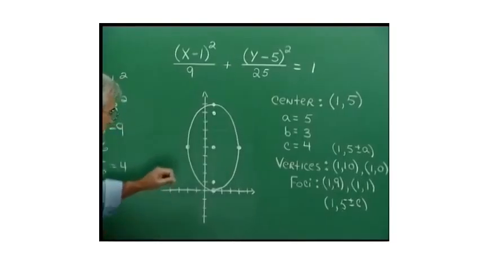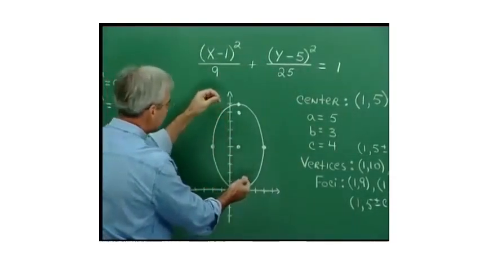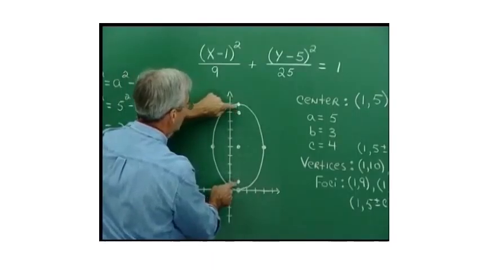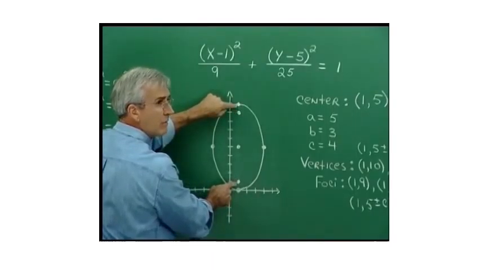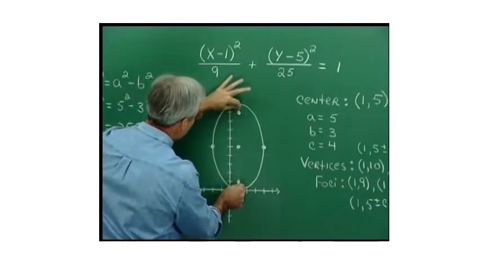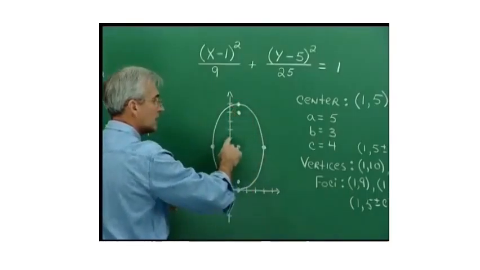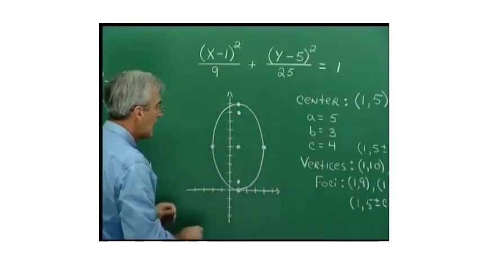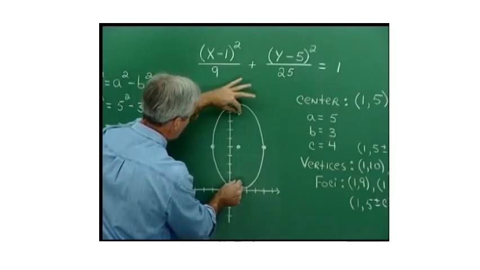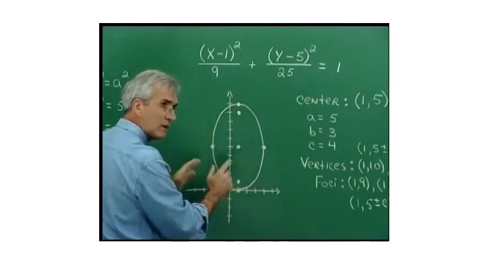Now, I want you to notice in the graph that the foci lie pretty close to the vertices. And it'll turn out that the closer these lie to the vertices, the more elongation that we get in the ellipse. And as these focus points move near to the center, we get a more rounded configuration.